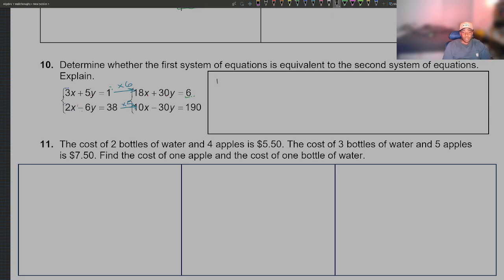So the systems are equivalent. Now, how do we know?